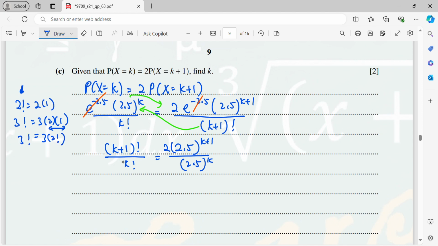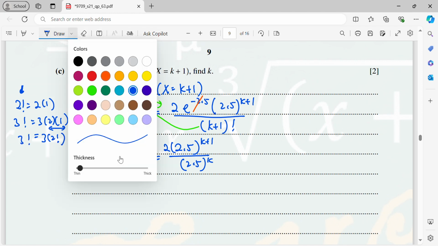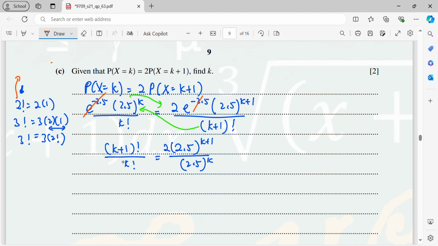But if I replace my 2 by k, then my 3 will be k plus 1, because 3 is 2 plus 1. Therefore 3 factorial is k plus 1 times k factorial, because my k is 2. So I'm getting this important result.